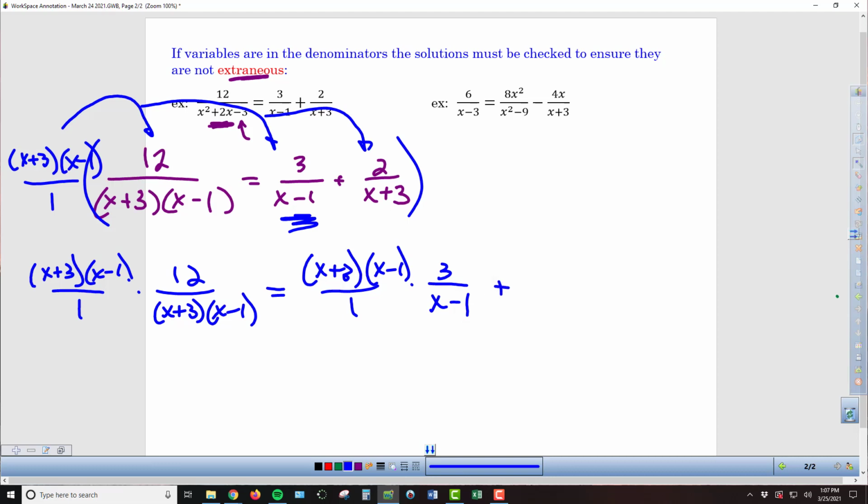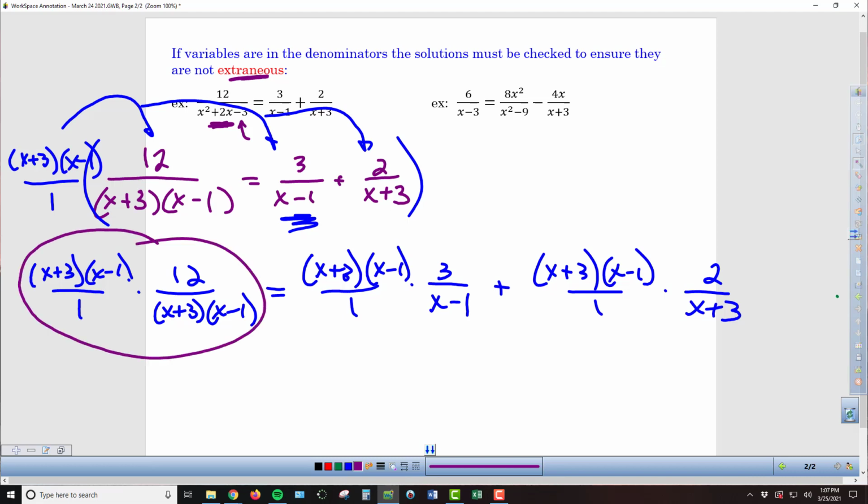And then one more time, x plus 3 times x minus 1 over 1 times the third fraction, so 2 over x plus 3. And so now I can perform these multiplications one at a time, doing any cross-canceling that I can. And when I'm done, I should end up with no fractions in any denominators.